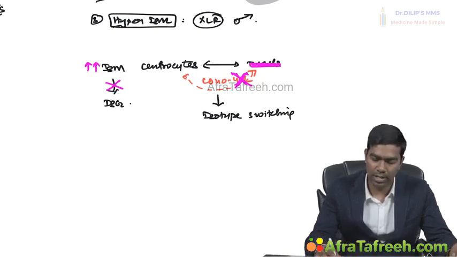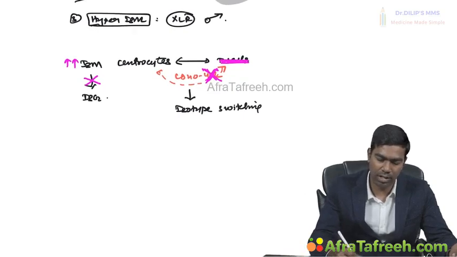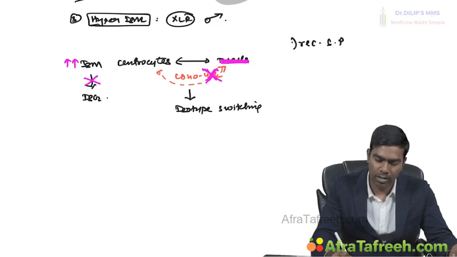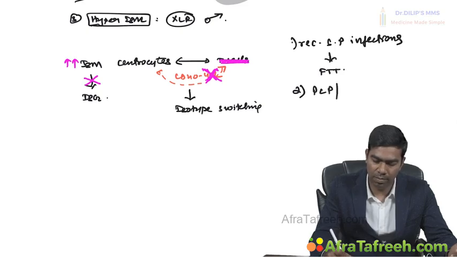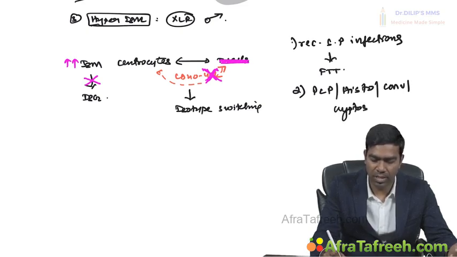What you are going to get in this patient is recurrent sinopulmonary infections. Because of that, the patients will have failure to thrive also. And second, recurrent infections with PCP, histoplasma, CMV, cryptosporidium. These are typical infections you will get.